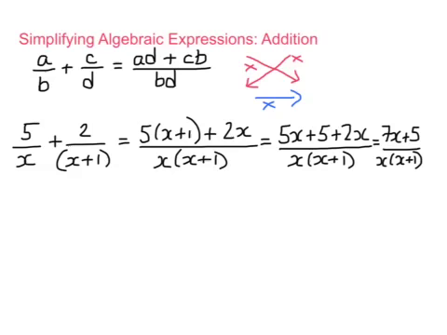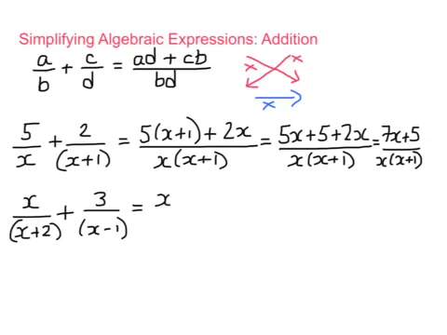Okay, if we look at a slightly more complicated addition, if we had something like x over x plus 2, and if I added that to 3 over x minus 1. Now again, if I apply the same technique, I get this times this.